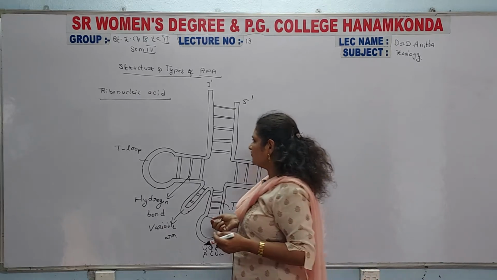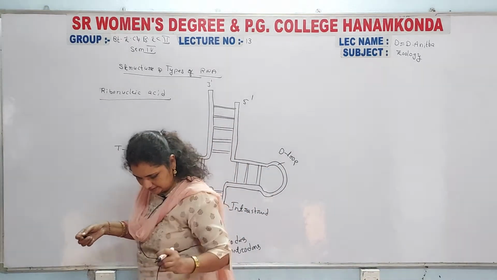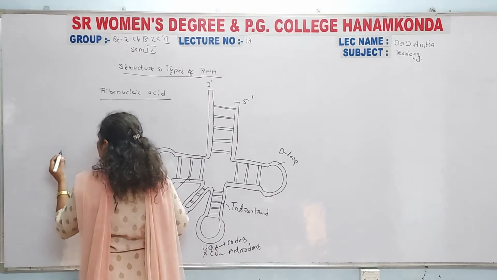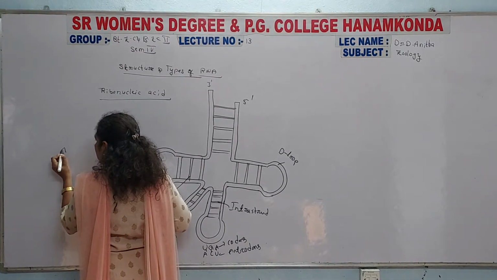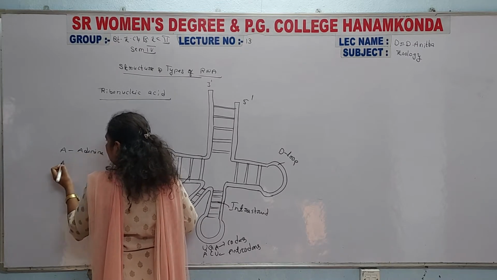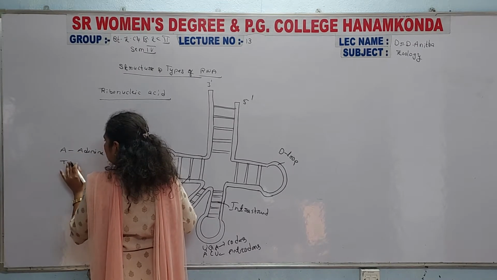Inside the DNA, adenine, thymine, guanine and cytosine are present.